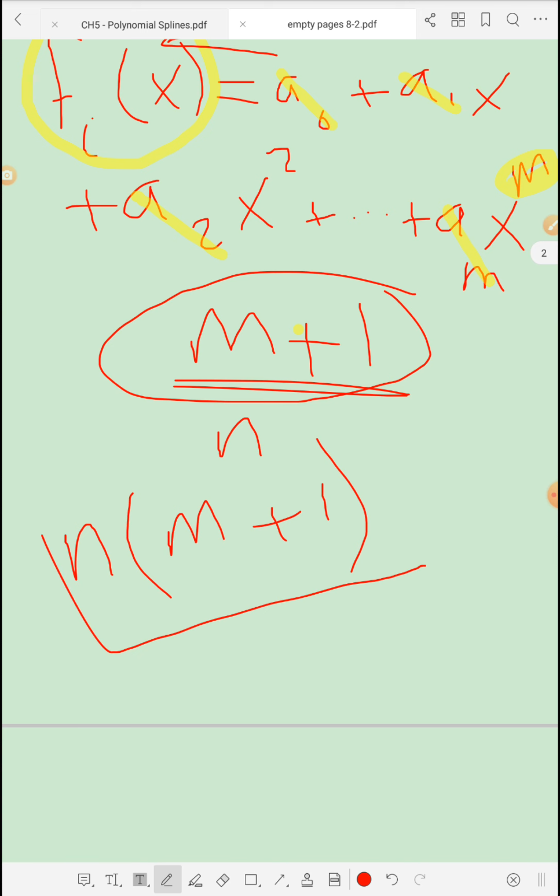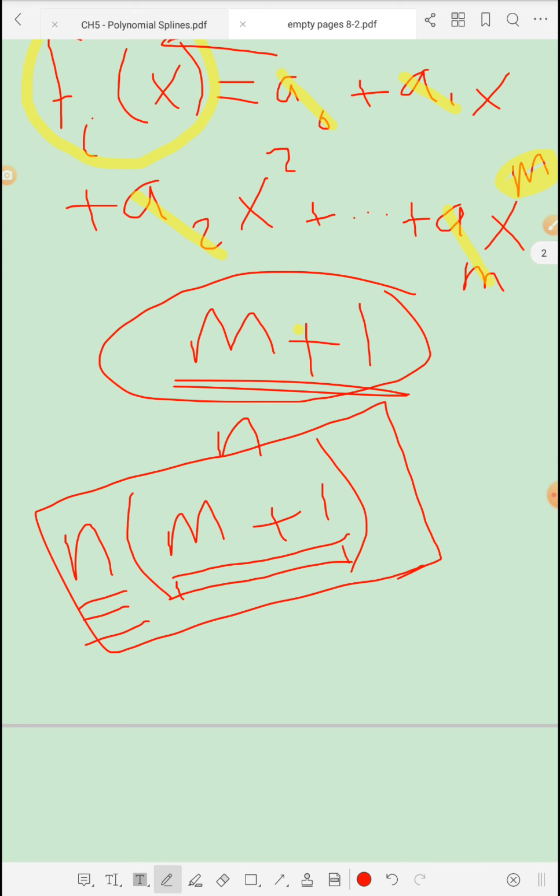So this is the total number of unknowns in all of the polynomials, from f1 till fn, and each polynomial has coefficients from a0 till am. This is what we are interested in.